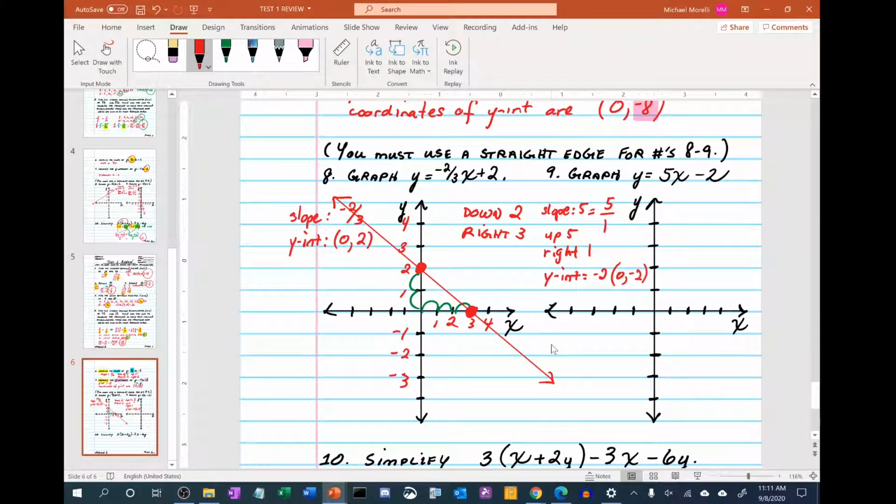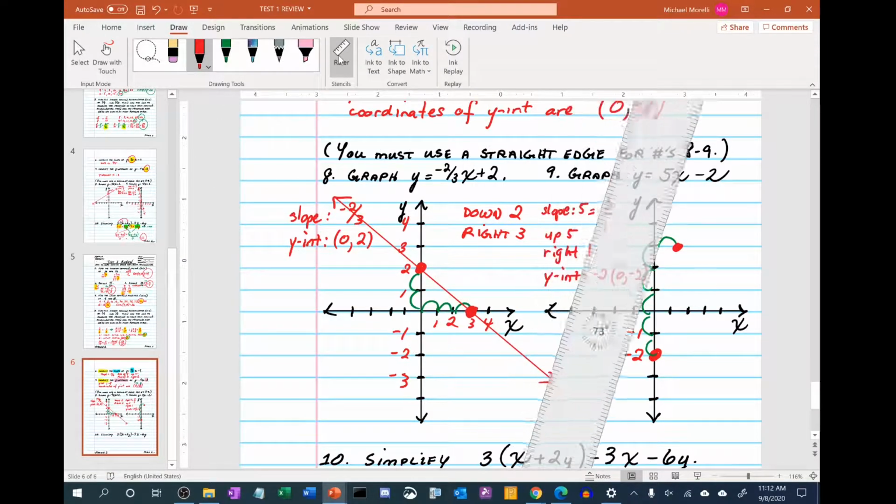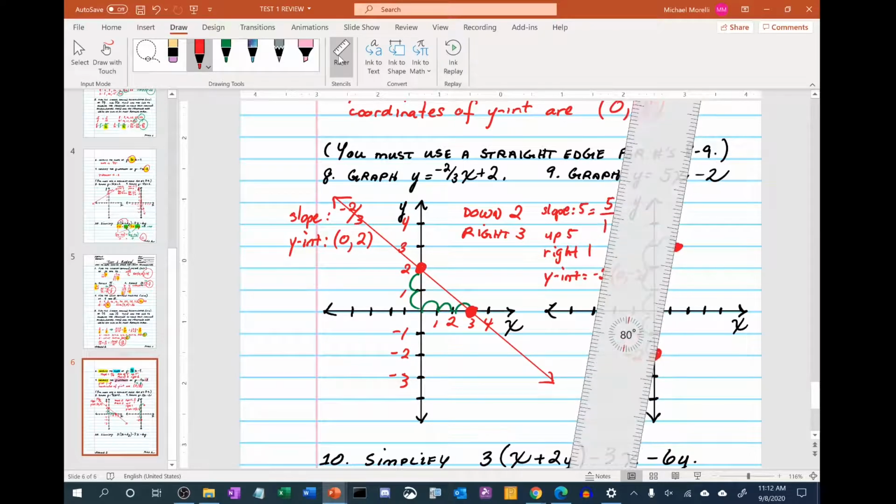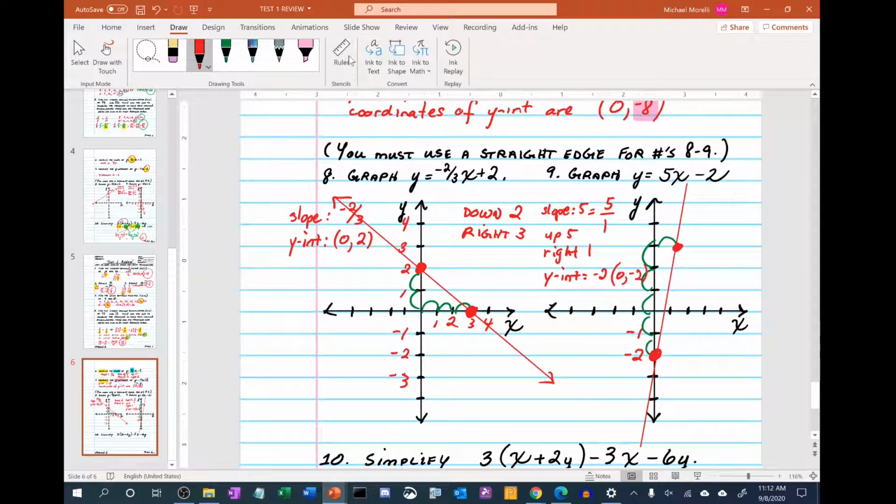So we're going to start at negative 2 on the y-axis. From there, we're going to go up 5 spaces, up 1, 2, 3, 4, 5, over 1 to the right. There's our dot. This is going to be a really upward sloping line. So we're going to put this line in here, with arrowheads on it.